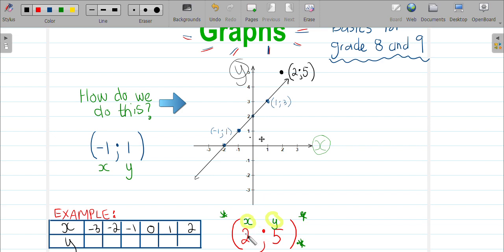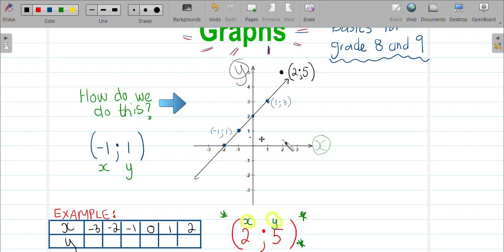So if we look at our first value, which is 2, we all know that it's over here. That represents the x value. Then we need to find out where we are going to go along the y-axis to reach the value of 5. If we look on the y-axis, we see value number 1, 2, 3, 4, 5. So it's actually over here where we are going to draw our point. And that is one of the most important parts of graph work in grade 8 and 9.